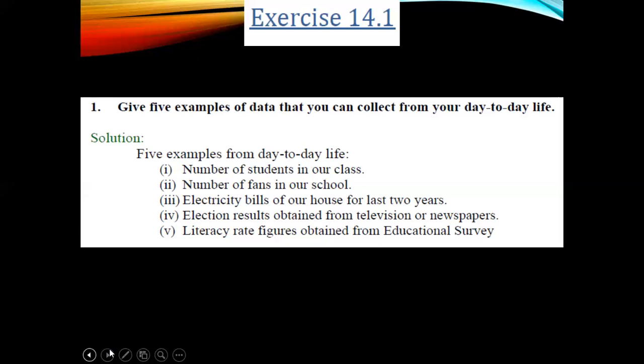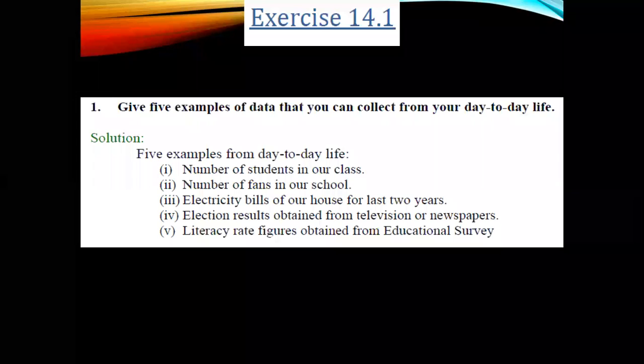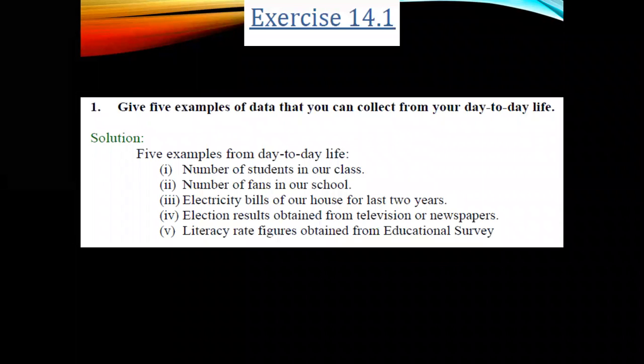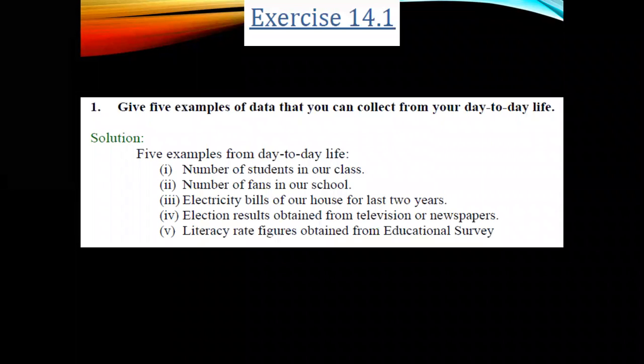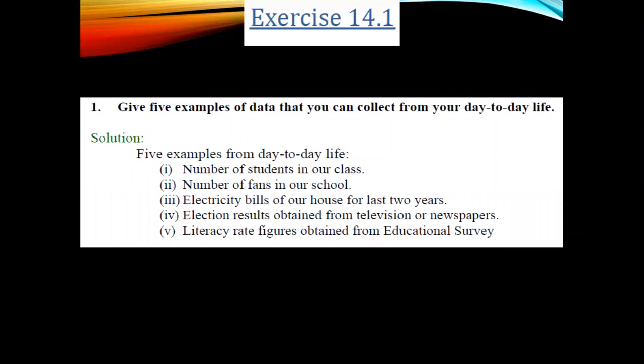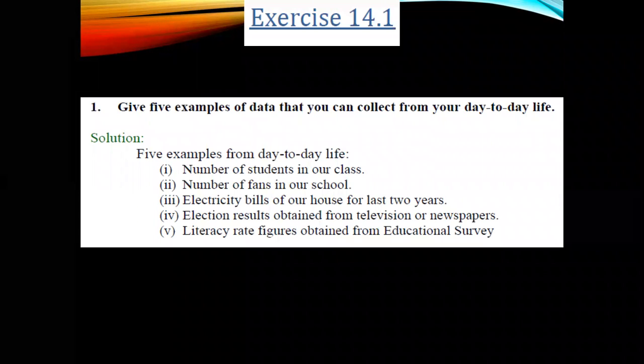Whereas if you look at the fourth and the fifth example that I've stated, the fourth one is the election results obtained from television or newspapers. Now, please note the statement that I put: the election results obtained from television or newspapers. The election results would be decided based on the number of votes that an individual has got. So, will this be a primary or a secondary data?